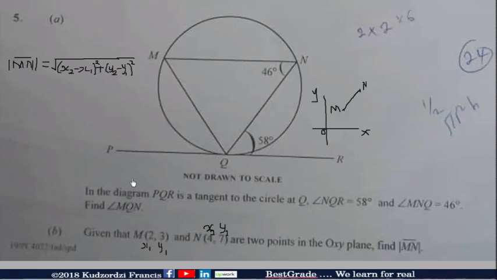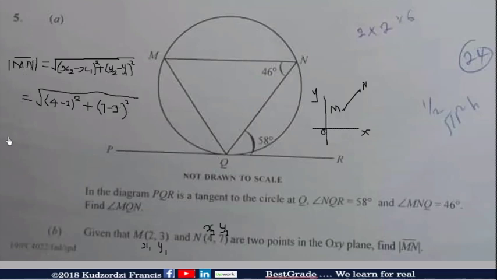So we can plug in these values to get the length of MN to be equal to the square root of x2, which is 4, minus x1, which is 2, then you square the result. Then plus y2, which is 7, minus y1, which is 3, all squared.